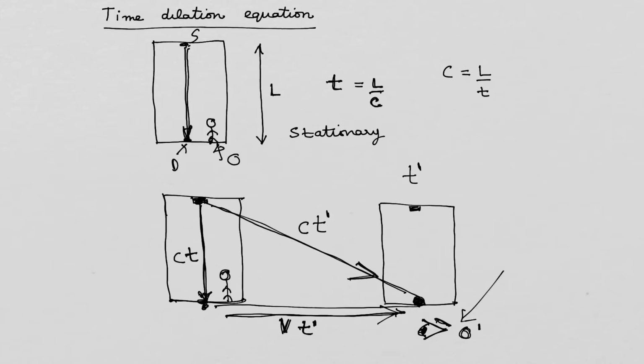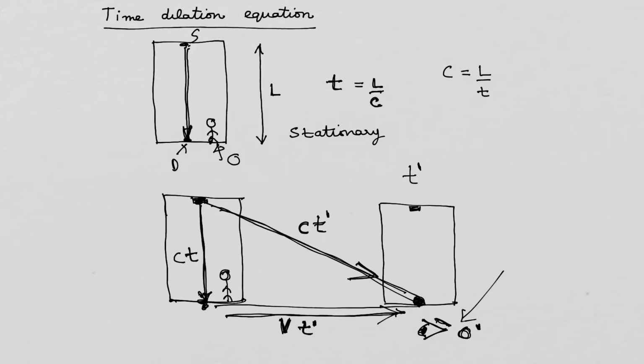Whereas this observer O dash will see the ray coming in a slanted form like this. So the distance traveled is c into T dash. Meanwhile, this is v into T dash.